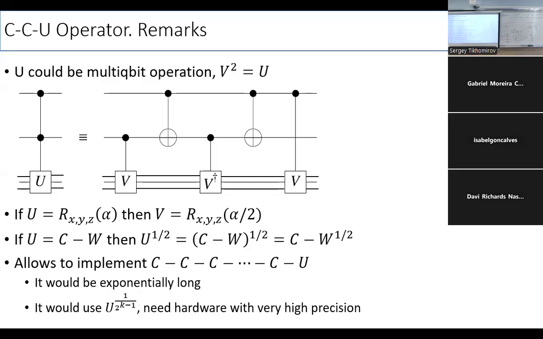Substitute here instead of u. So assume that here is a 10 controls operator. Instead of u, we substitute 8 times control u. And so this becomes 9 qubits here.